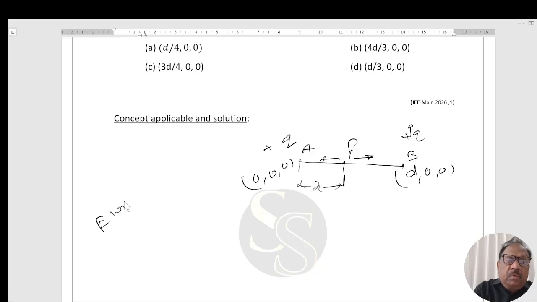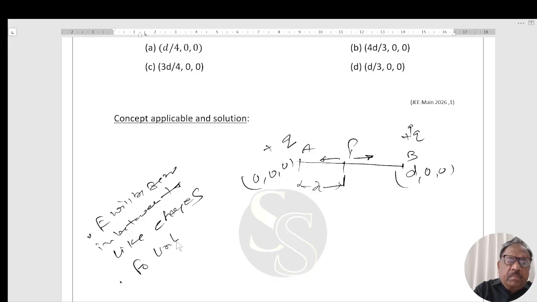E will be 0 in between for like charges. For unlike charges, E will be 0 outside and towards the smaller one.